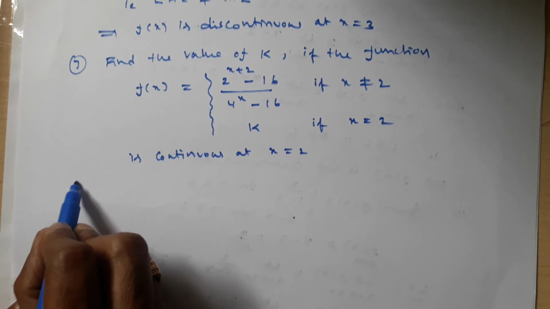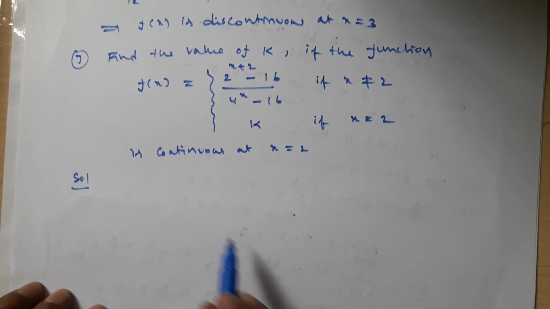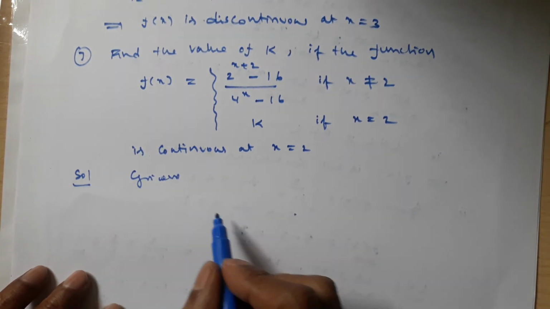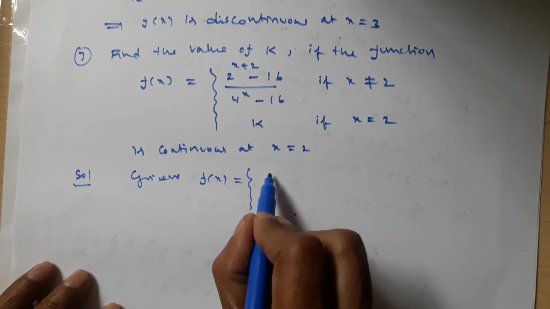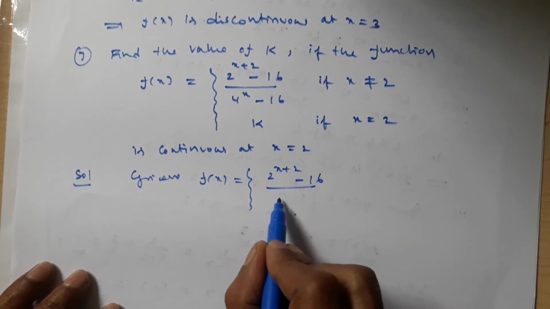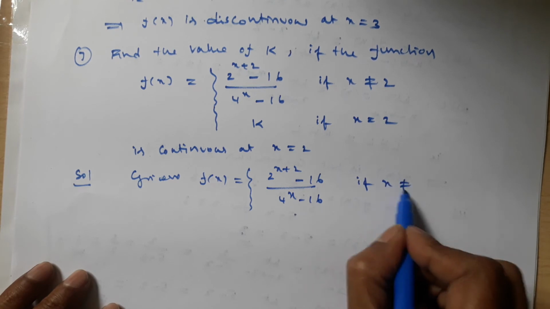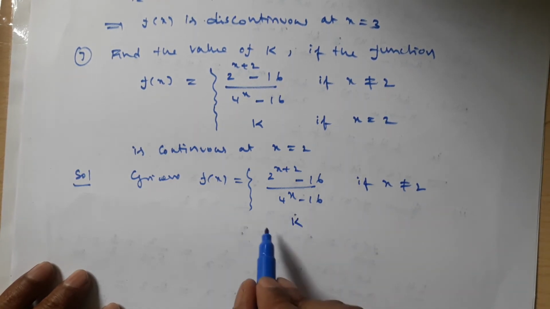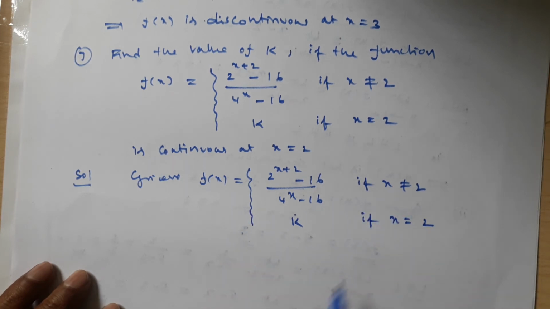See that now. How to find out the value of k? Given f of x is equal to 2 to the power of x plus 2 minus 16 divided by 4 power x minus 16 if x is not equal to 2. Next, f of x is equal to k if x is equal to 2.